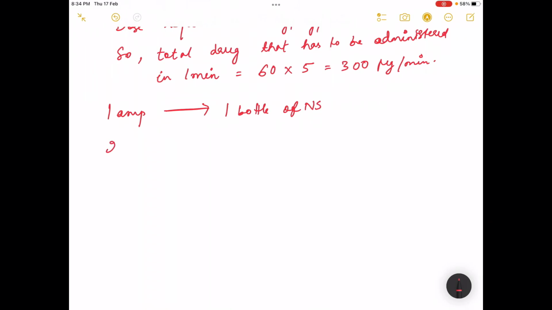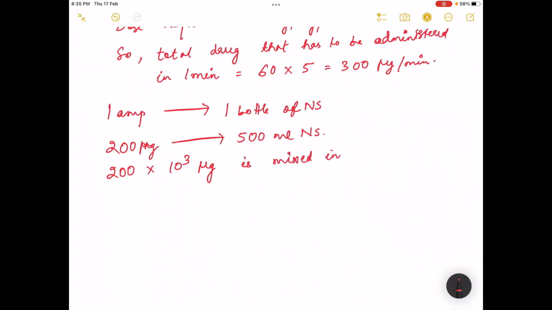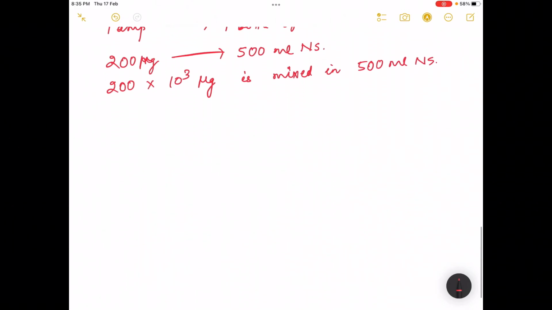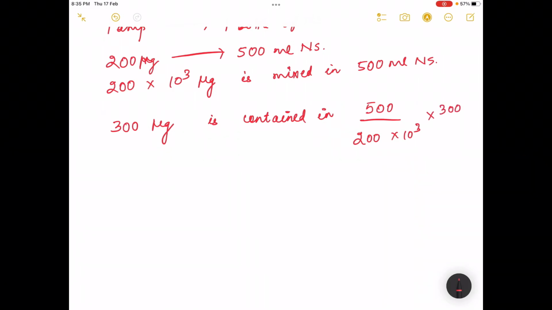So 200 into 10 to the power 3 microgram is mixed in 500 ml NS. So 300 microgram is contained in how much ml NS? How will we find out? 500 divided by 200 into 10 to the power 3, into 300.